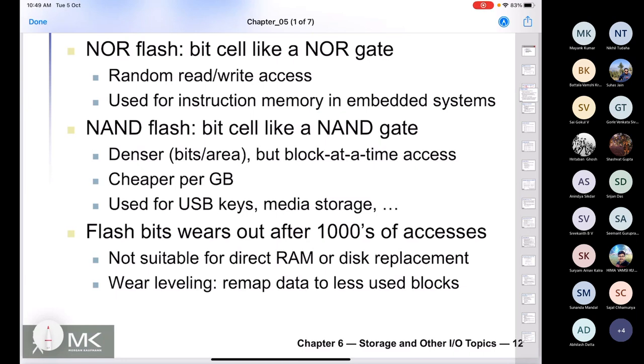Typically about 10 to the power 4 to 10 to the power 5 accesses per bit. After that, it is permanently damaged, meaning you cannot use it anymore for data storage. What to do in that case? In that case, if your entire disk has become unusable, you have to replace it.